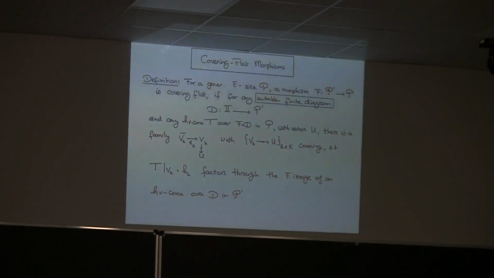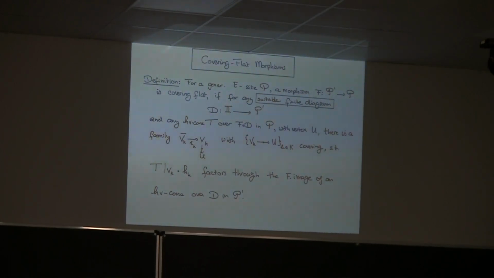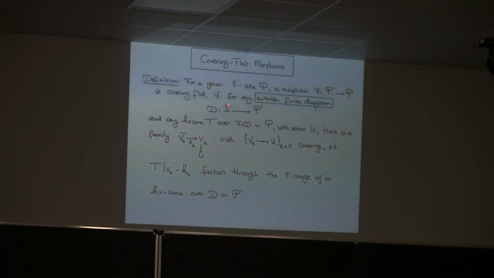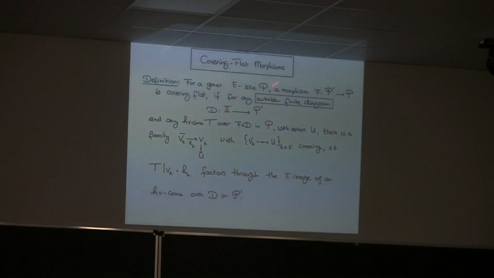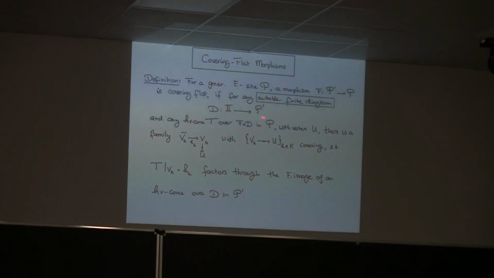Okay, so what is a covering flat morphism now? I just took the old slide and turned everything from Grothendieck to Ehresmann. The one thing I don't know yet is what is my suitable finite diagram.